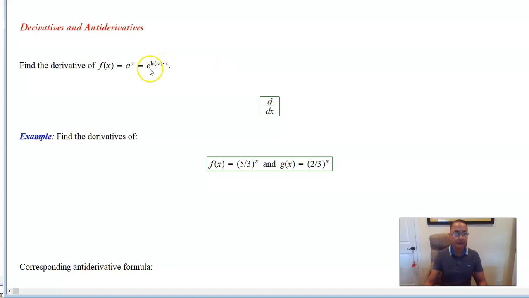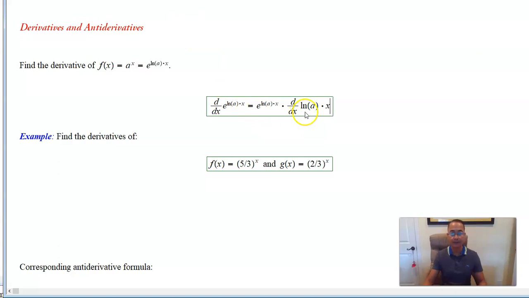The derivative of e to the ln of a times x is the same thing, e to the ln of a times x, but by the chain rule, we have to multiply by the derivative of ln of a times x with respect to x.